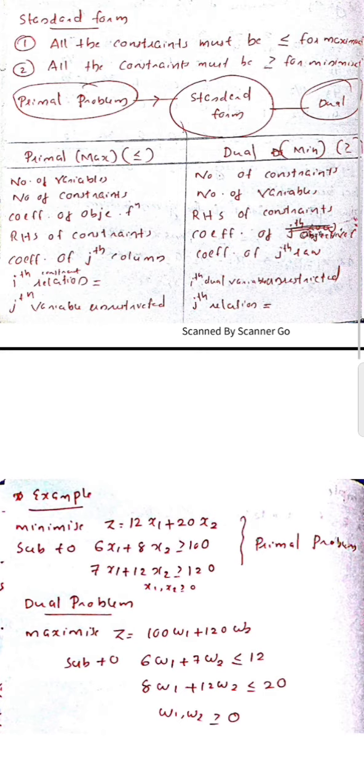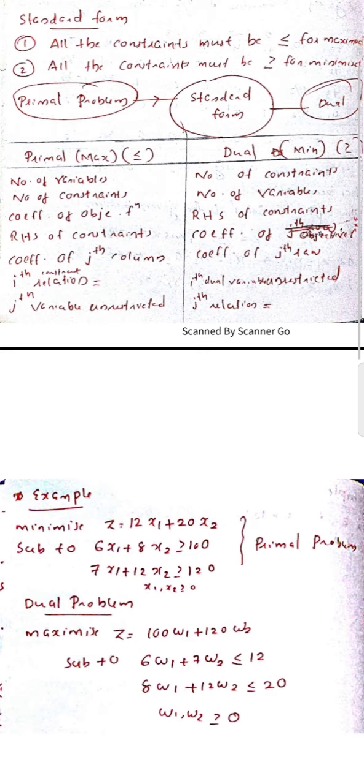And the next point, the coefficient of the jth column must be equal to the coefficient of the jth row. And there is also a point, the RHS of the constraints must be equal to the coefficient of the objective function. Okay, and if the ith constraint or ith relation is of the type equal to in the primal problem, then the ith dual variable is unrestricted in the dual problem.